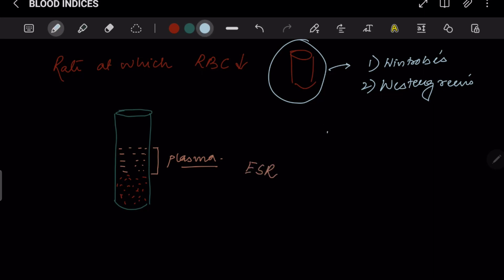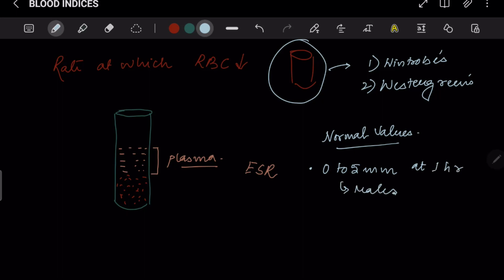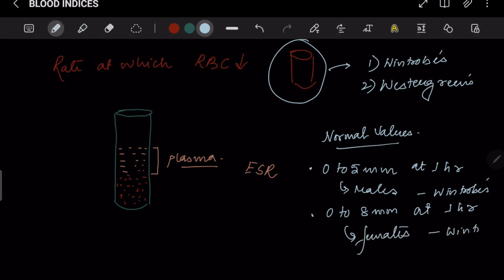Now, talking about the normal values of the ESR, it is 0 to 5 millimeter at 1 hour for males if the Wintrob's tube is used, and around 0 to 8 millimeter at the end of 1 hour for females if the Wintrob's tube is used.